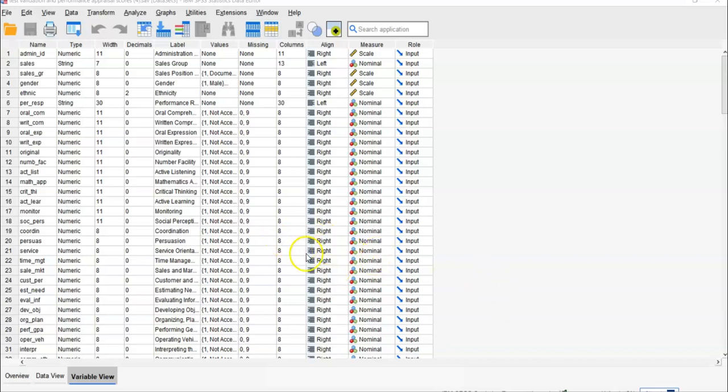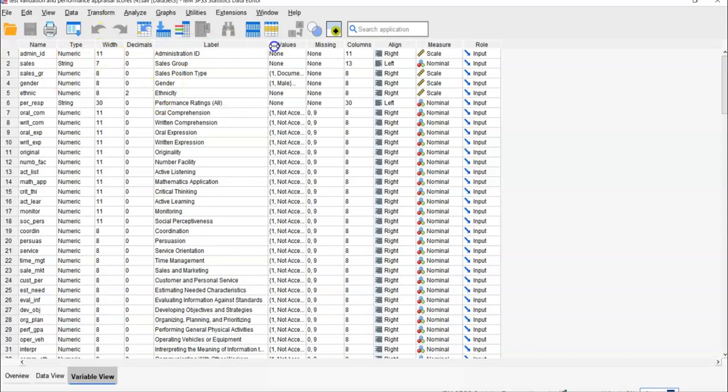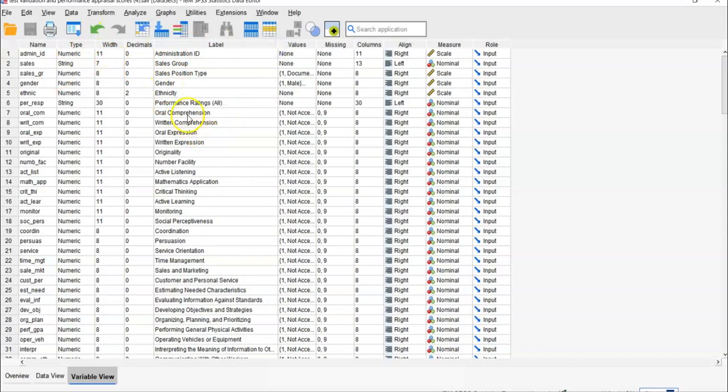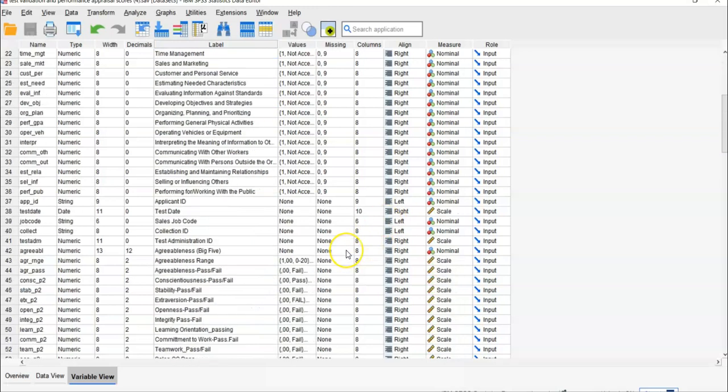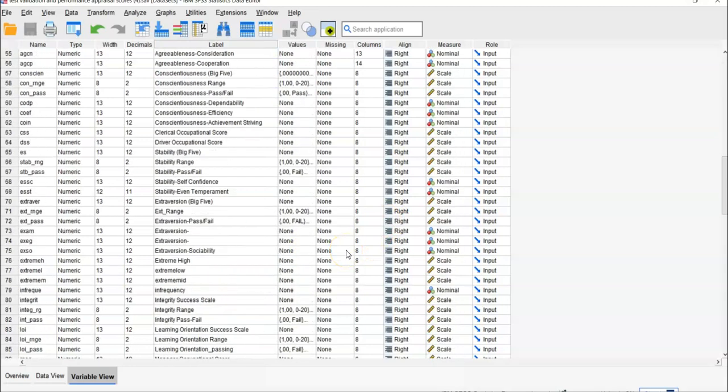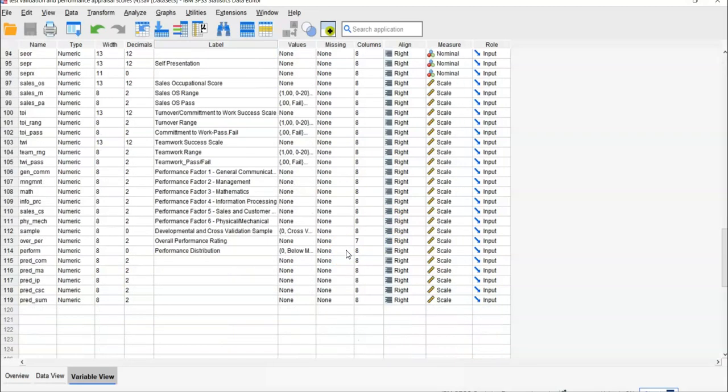In this data, you can see the labels: oral comprehension, written comprehension, oral expression, and written expression. These four variables will be used as independent variables, and we look at how they affect the overall performance rating.